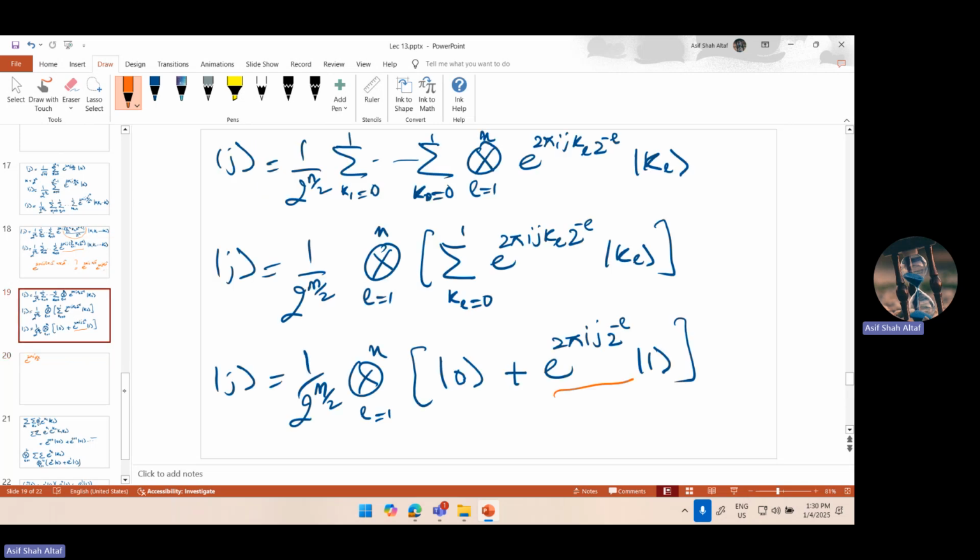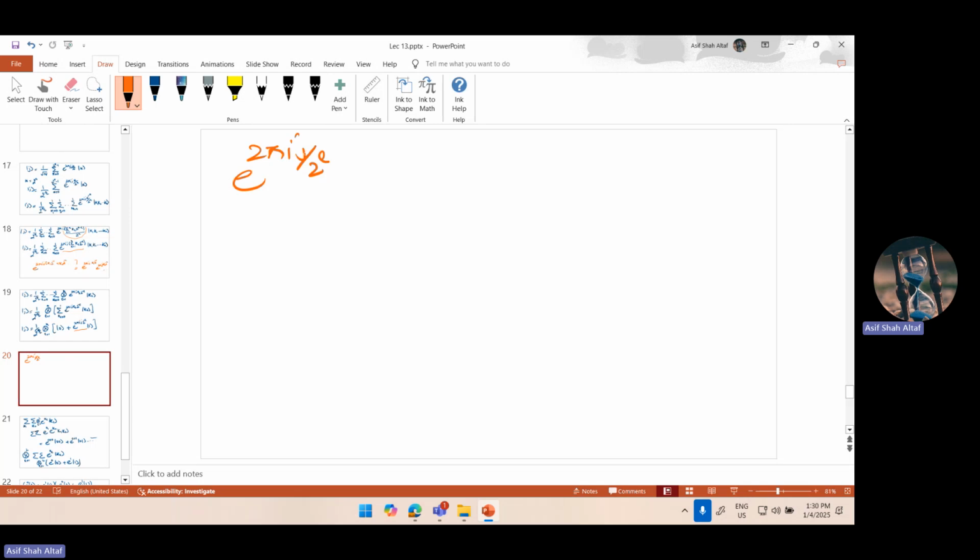That's what it is. Now J will have its own representation, like I said. So suppose your J is a 3-bit number, which will give you 2 power 0. Oh, wait a minute. Forget it.